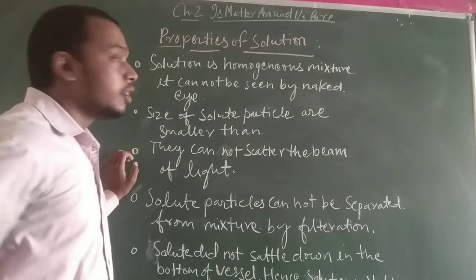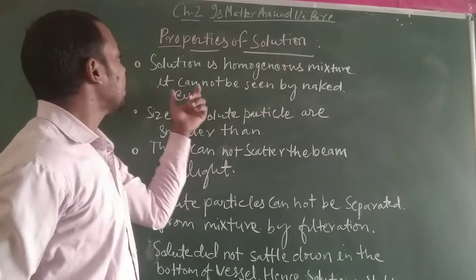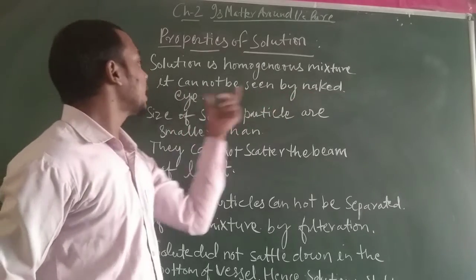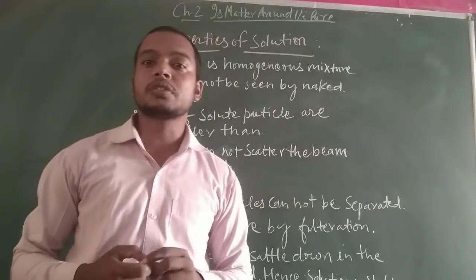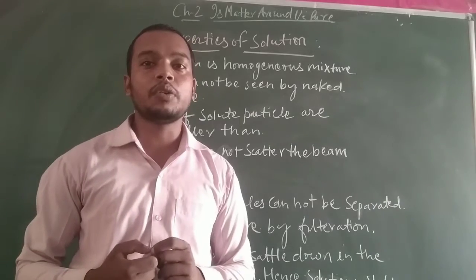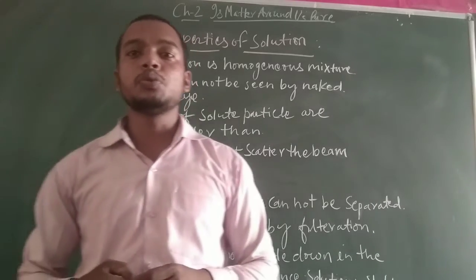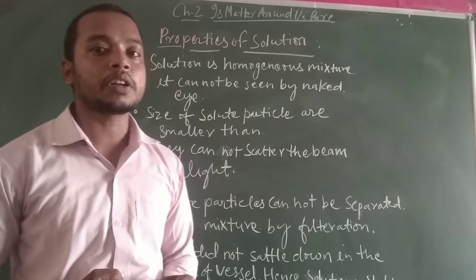The first point is that a solution is a homogeneous mixture and it cannot be seen by the naked eye. The particles of a solution are too small to see, so we need a microscope to see the solid particles in the solution.